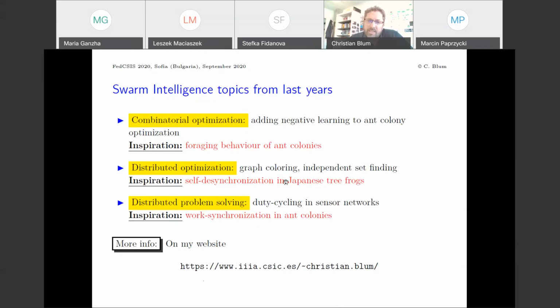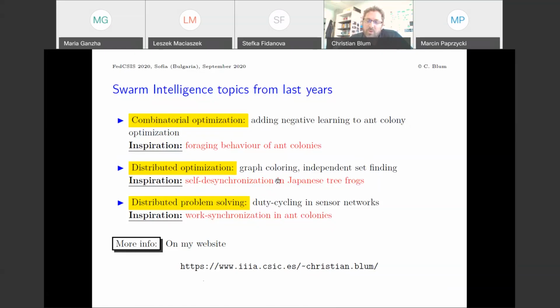In order to do that, we used a self-desynchronization behavior that you find in Japanese tree frogs. It's a very, very interesting behavior. The male Japanese tree frogs are calling for the females, and the females listen to the calls and decide for a male.